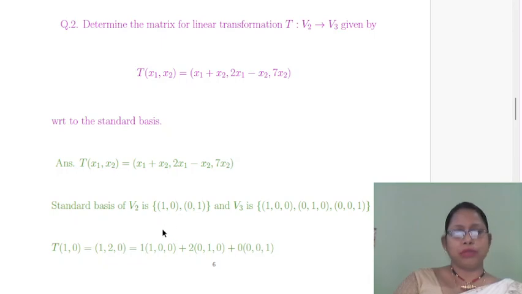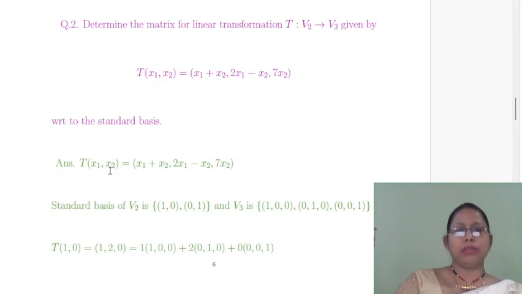T image of the first element (1,0) is (1,2,0), putting the value of (1,0) in the given linear transformation. I will get 1, here it is 2 and here it is 0. Express this in terms of the basis elements: 1 into the first basis element (1,0,0) plus 2 into the second basis element (0,1,0) plus 0 into the third basis element (0,0,1).